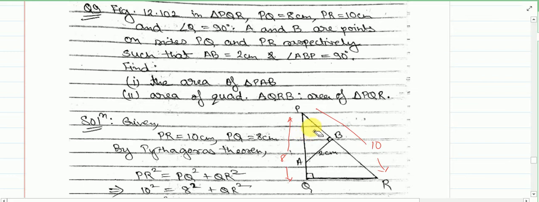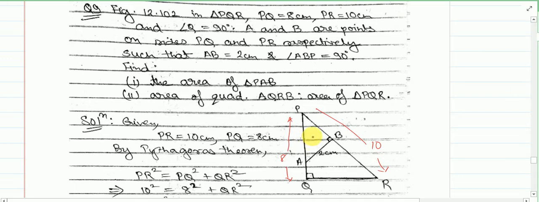Or we can firstly find the area of the bigger triangle PQR, then show that the smaller triangle is similar to the bigger triangle, and then use the ratio of areas.